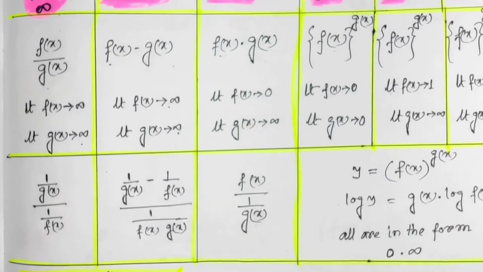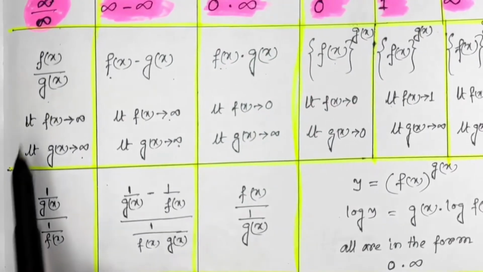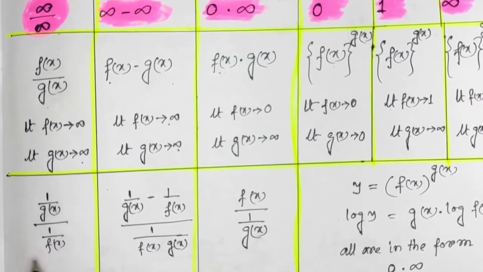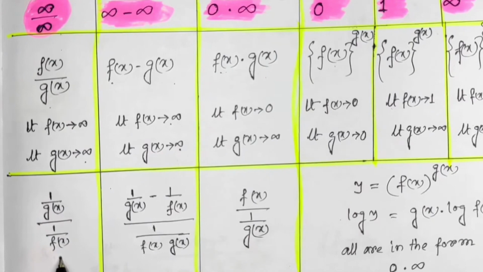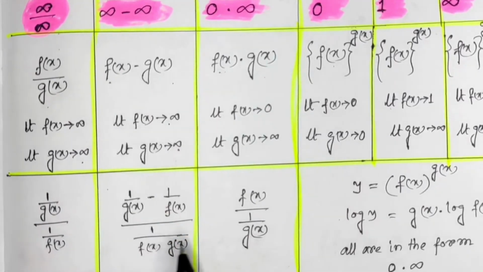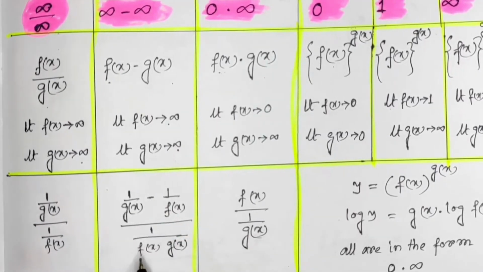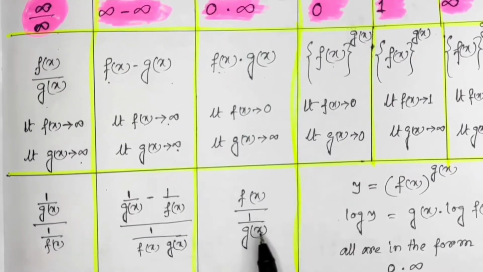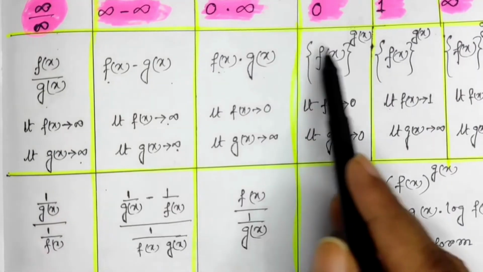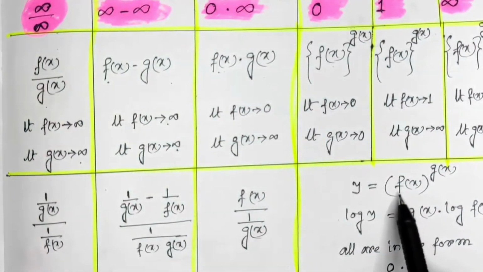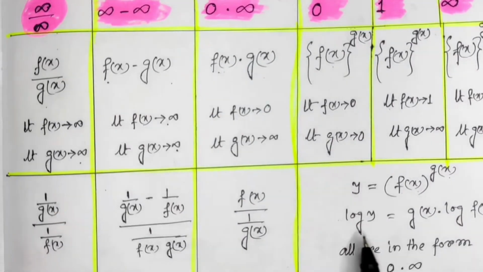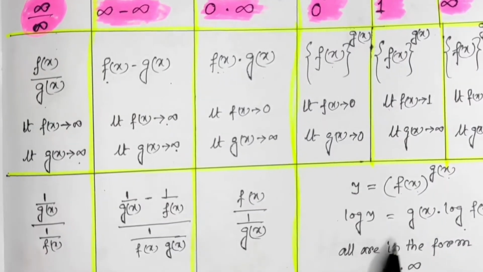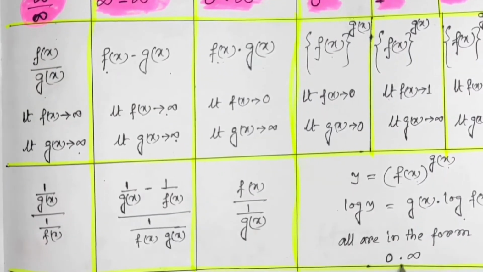So after getting this way, if this is in the infinity by infinity format, then we can always convert the function in this way to get our 0 by 0 format. Similarly, if it is infinity minus infinity, then we should convert the function into the 0 by 0 format by this transformation. For 0 into infinity, this is the transformation, and for all these three, for f(x) to the power g(x), we take log on both sides, so that we will get this type of form, which is definitely in the form of 0 into infinity.